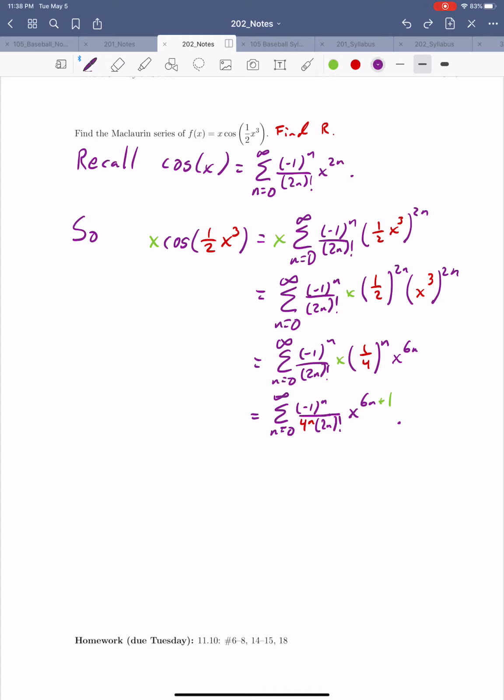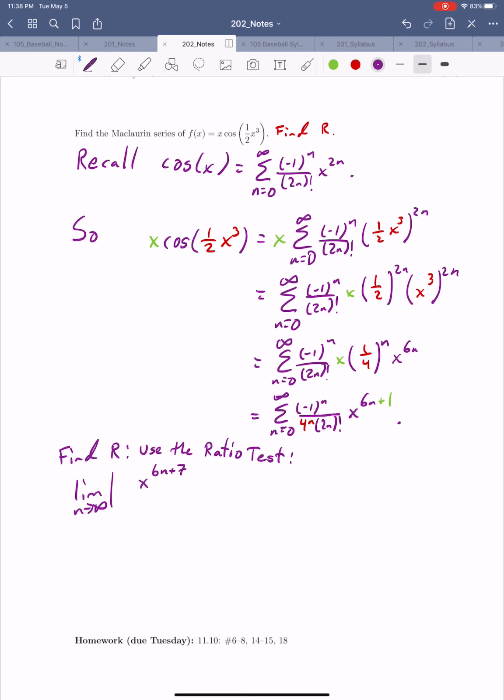Okay? Now we want to find R, the radius of convergence. Use the ratio test, as we usually do, as we always do, unless we're dealing with 1 over 1 minus x or something along those lines, right? So we take the limit as n approaches infinity of the absolute value of, I'm going to put the x over the whole thing, it's going to be x^(6n+7), right?